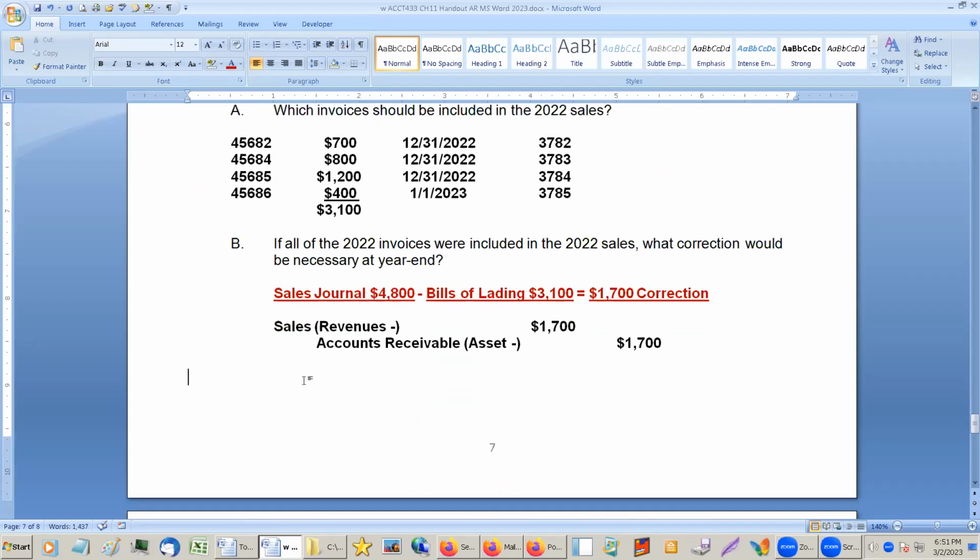Okay, so you could also have, now I don't know what the numbers are going to be here, stuff going back into inventory because it actually wasn't sold at year end. Don't know what those would be. And our cost of goods sold would be going down by some amount. Again, don't know what that is.